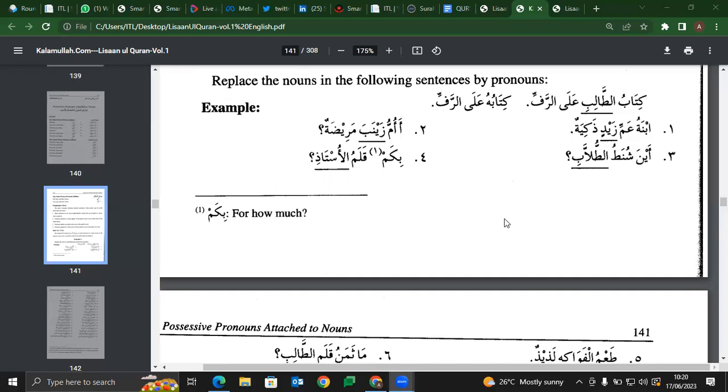We'll see the mudaf ilayh first. So Ummu Zainaba. Leave maridatun out of the picture here. Maridatun as well, we know it is khabar, so just leave it. Okay, so Ummu is mudaf and Zainab is mudaf ilayh. Very good.